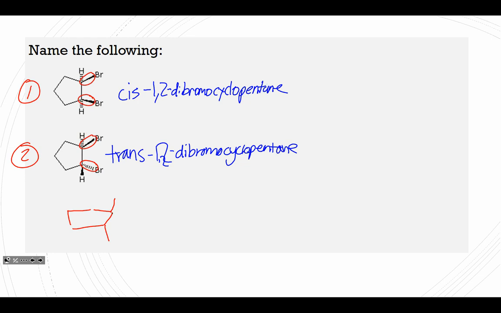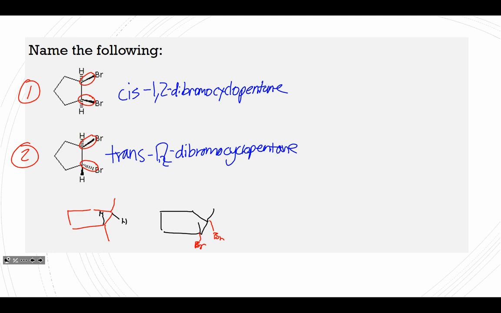That's trans. So the hydrogen would be opposite it, like this. So that's trans. This other one would be written like this, and it would be showing up, and the other part would be down and down. Okay?